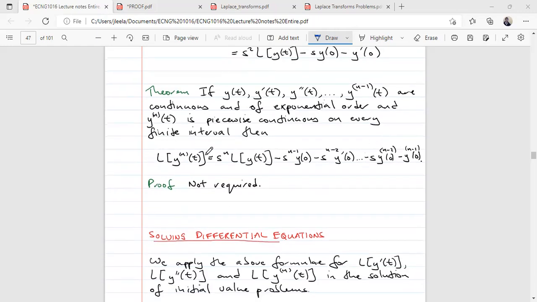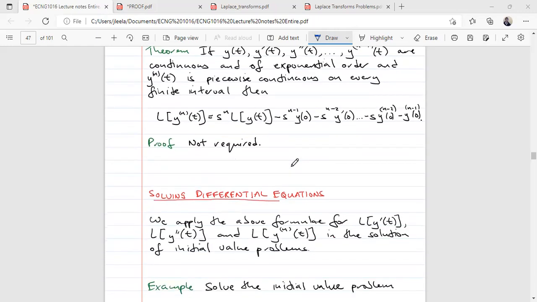Right, so this extended result is not really required, right?